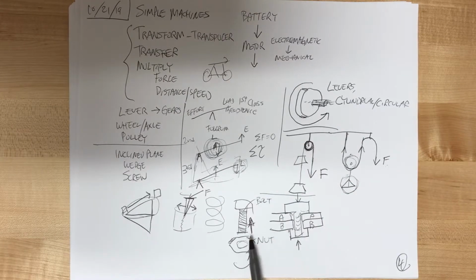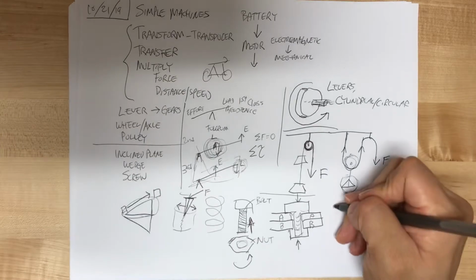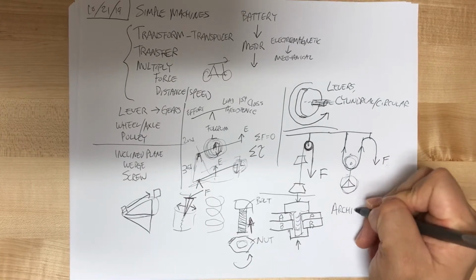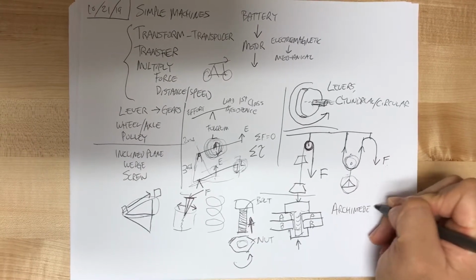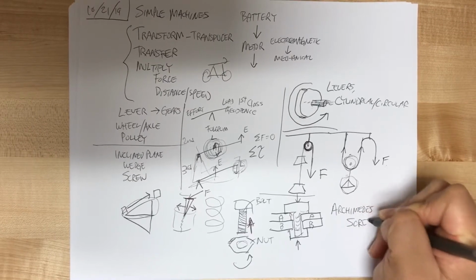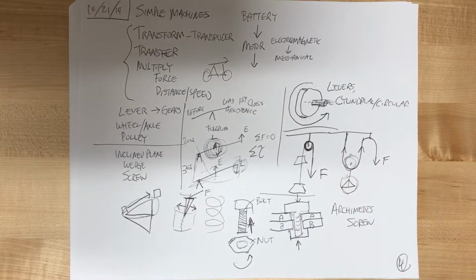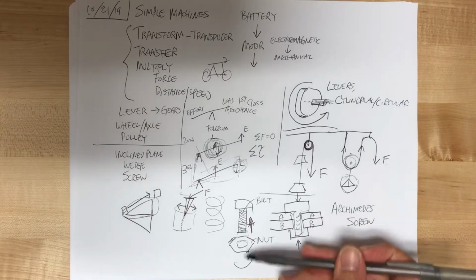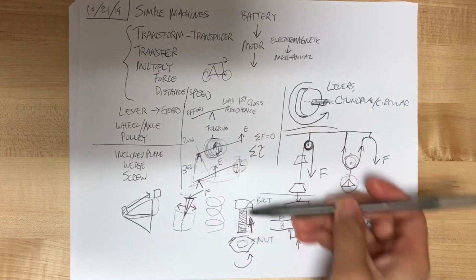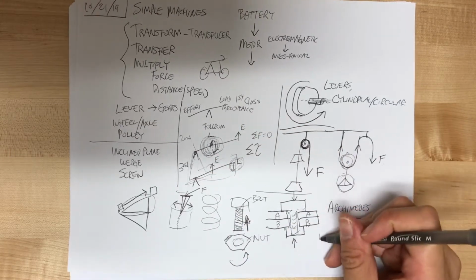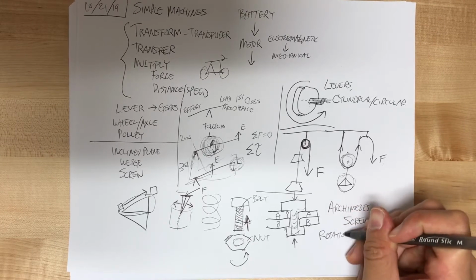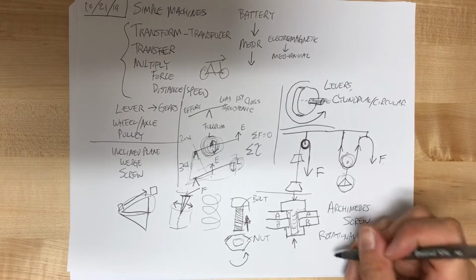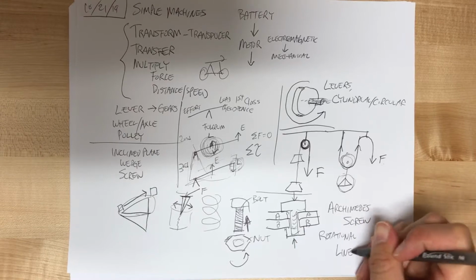As it rotates, it can actually raise up materials. So there's the example of Archimedes and his screw that carries up water. Or you can just have a lead screw that's rotating and it advances something back and forth. So you're going between rotational motion of the screw and whatever thing you're driving is the linear.